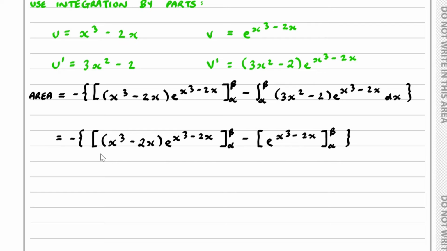And now if we expand the minus inside, what we will have is minus x cubed minus 2x e to the x cubed subtract 2x. And then I've got the minus and the minus, which give a plus. Then I have e to the x cubed minus 2x. And all of this is evaluated between alpha and beta.